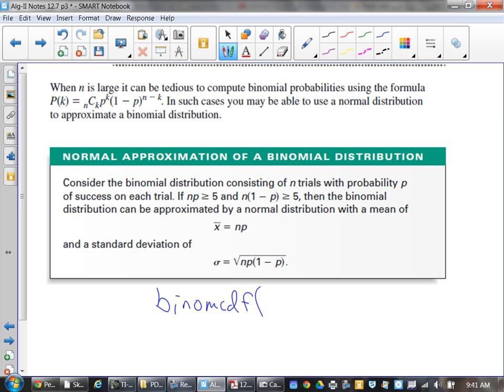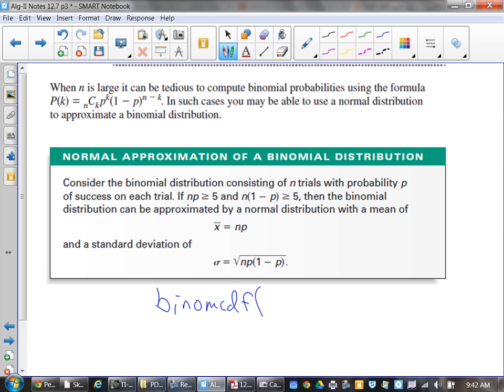That one we were talking about yesterday, binomcdf, the cumulative distribution function, mirrors the same idea as normal approximation. It basically does the exact same thing. Remember how we did binompdf and sent it to the list in the calculator and it would do all the work for you?